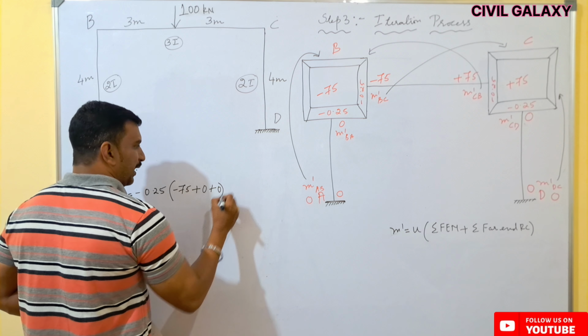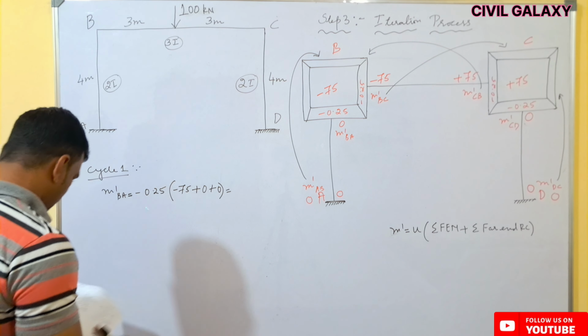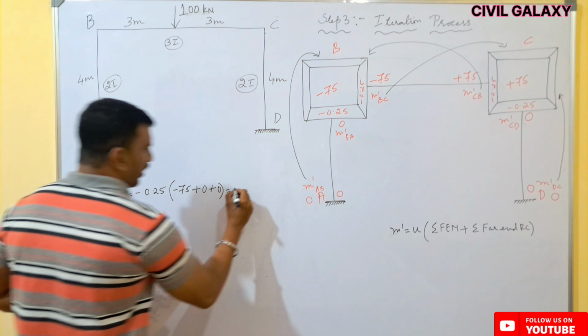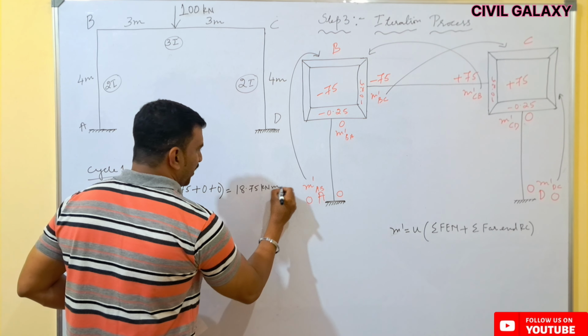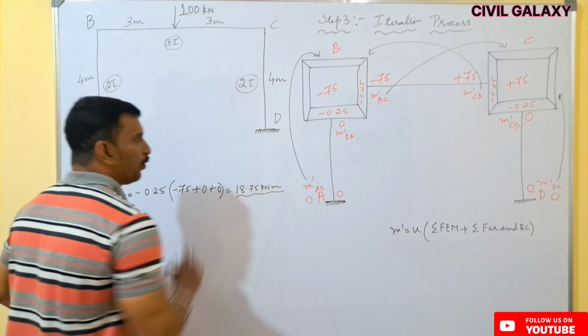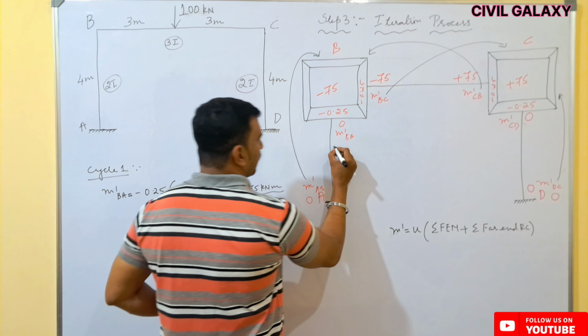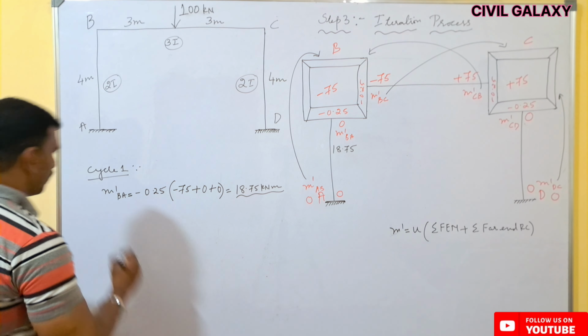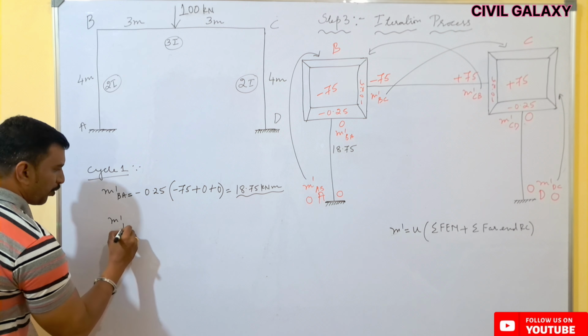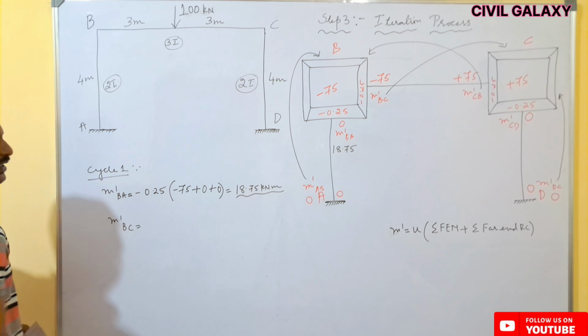So for the first cycle it will be 0. So we are having a value of 18.75 kilonewton meters. This value we will put over here, which is 18.75. Now calculating the rotation contribution for m dash BC over here.